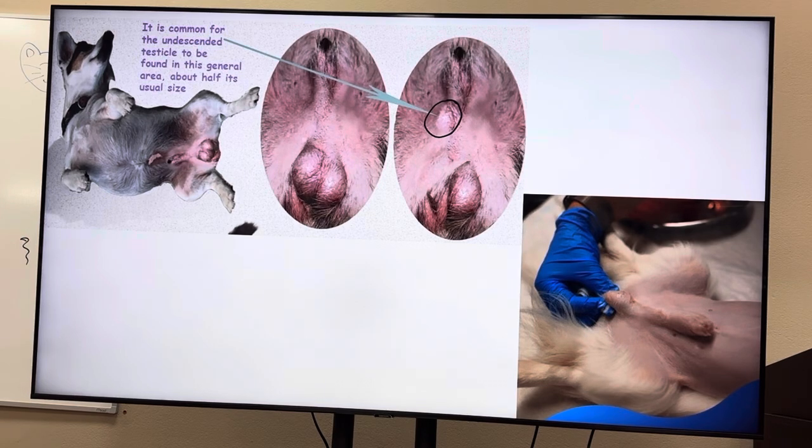You see this one here has descended, and this one is yet to descend. So what would you do in clinic in this case? Surgery. Go get it.